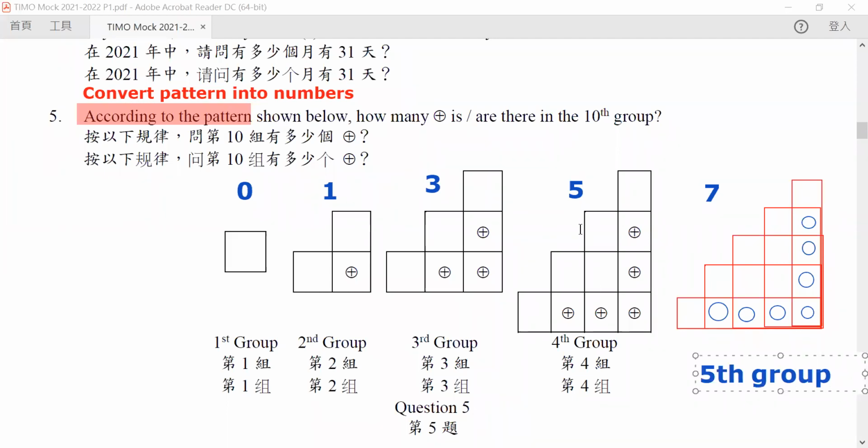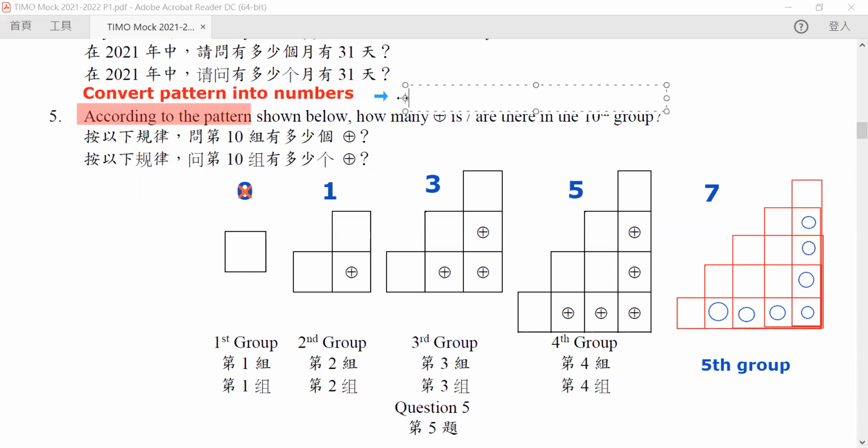So what is the pattern? Excluding the first number, all other numbers 1, 3, 5, and 7 are odd numbers. So you know that this pattern, if you convert it into numbers, is just simply counting the odd numbers.